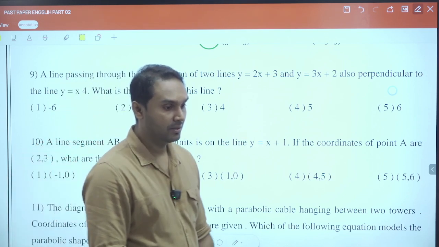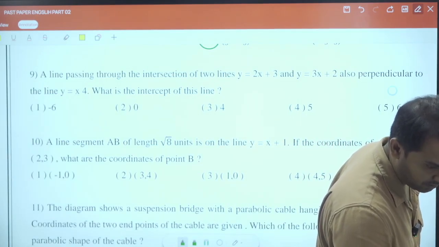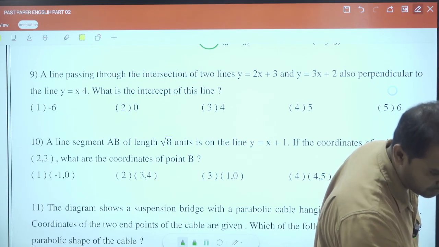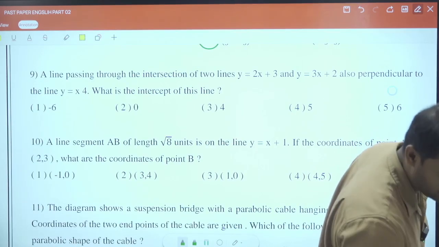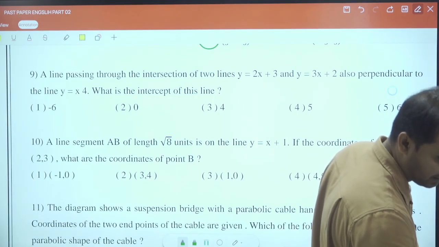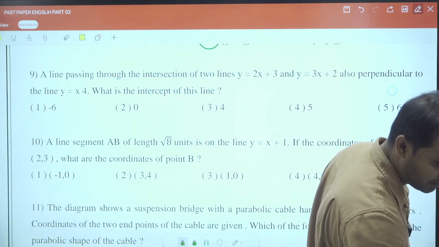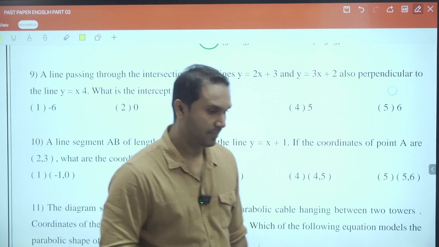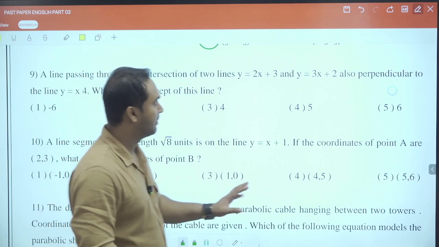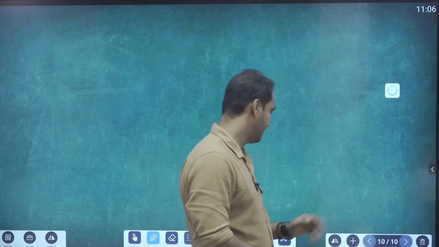Now that line is perpendicular. I'm just drawing the sketch for a rough idea.